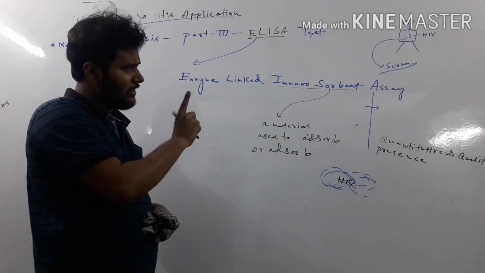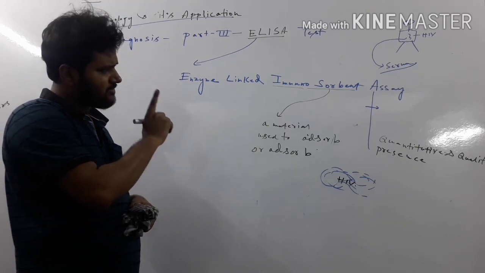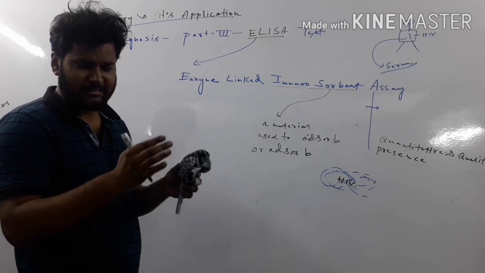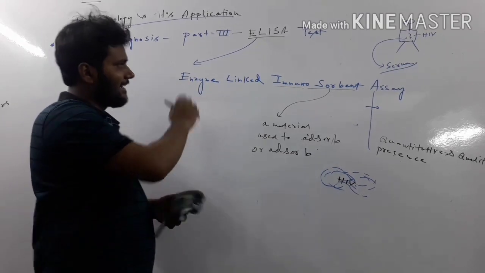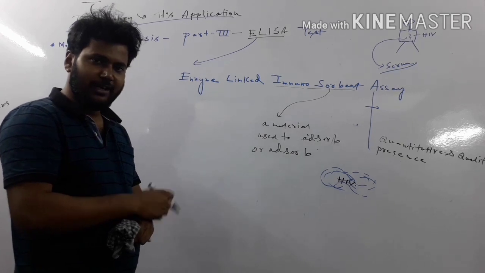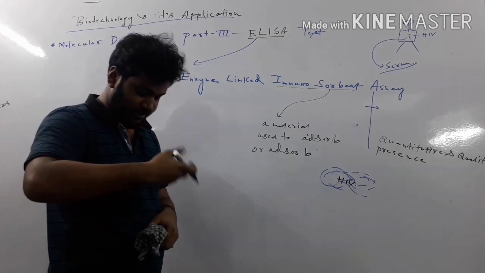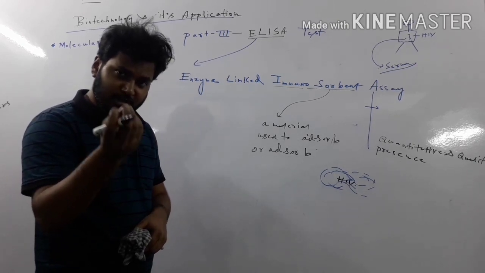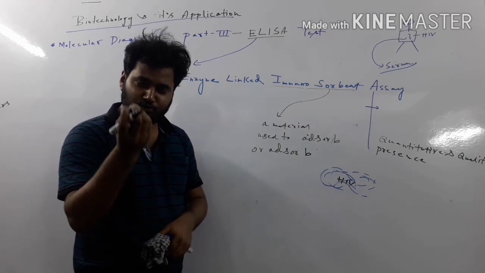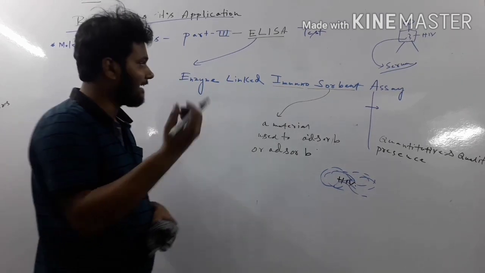The main substrate, or one of the important substrates of that sorbent which will be used in ELISA, will be some molecules related to immunology, the immune system of our body. And you all know the two important molecules linked to the immune system of our body, those are antigen and antibody.